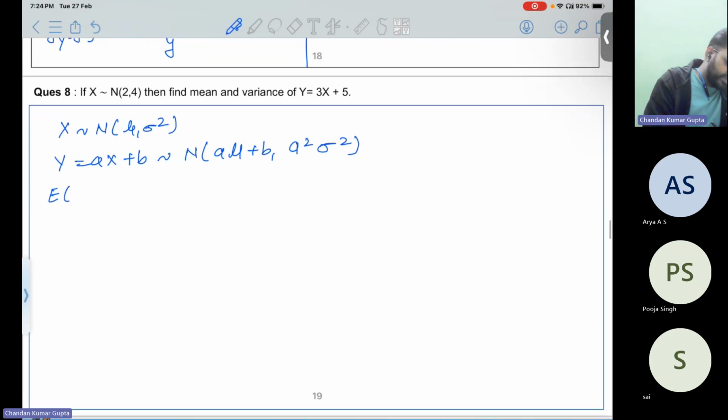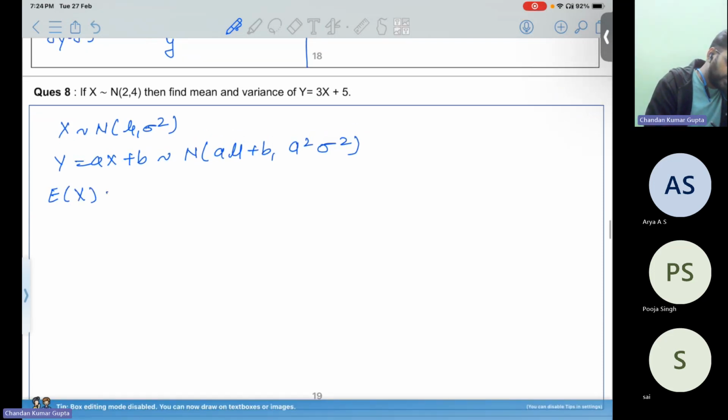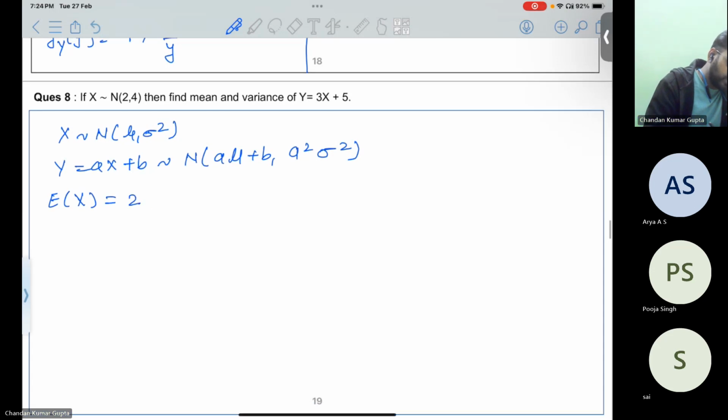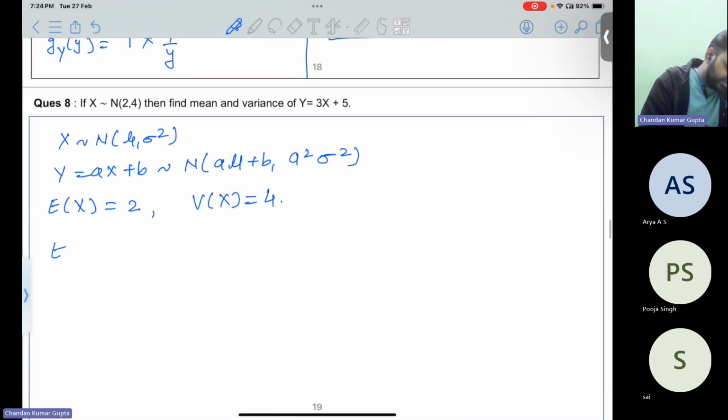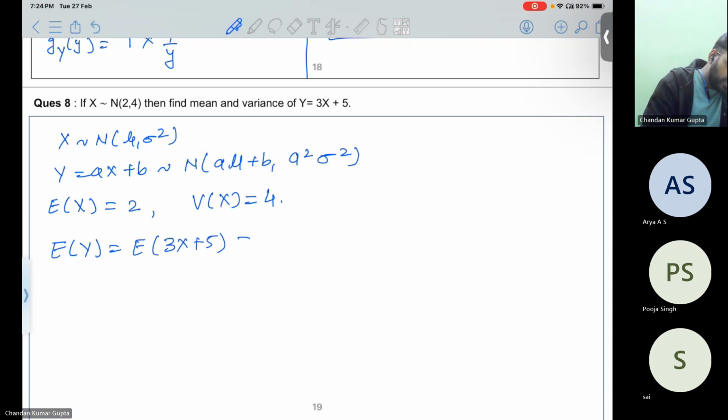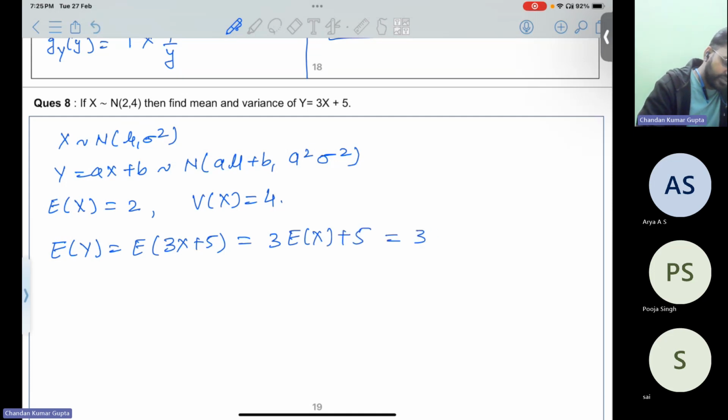So we need to calculate the expectation of y. The expectation of x is what? 2. Variance of x is 4. And similarly, expectation of y equal to expectation of 3x plus 5, which is equal to 3 expectation of x plus 5, which is equal to 3 into 2 plus 5.